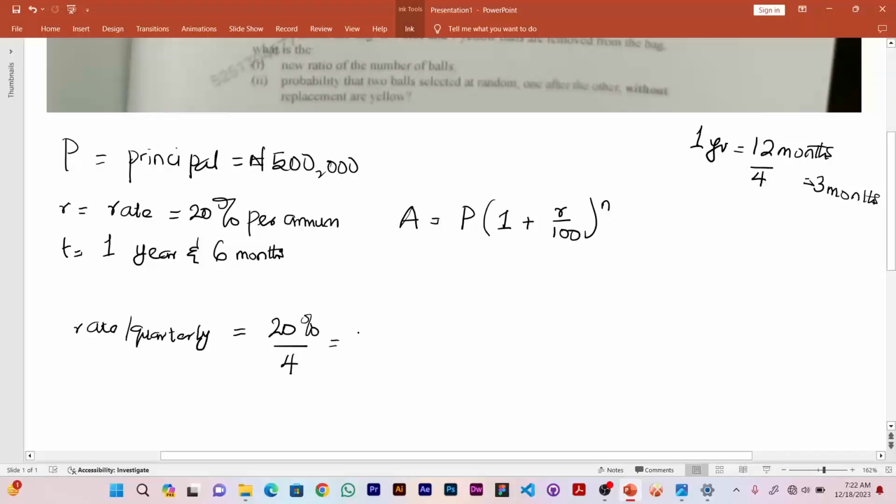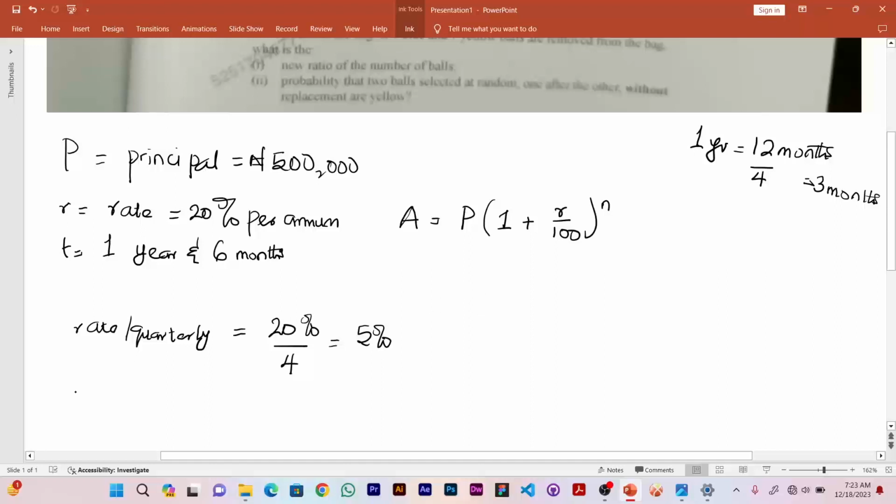That gives us 5%. So what this implies is every year the interest is added 20%, but every 3 months the interest is added 5%. So here we're going to be working with 5, not 20. This is a very confusing part of this question.